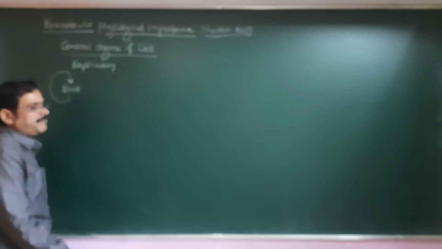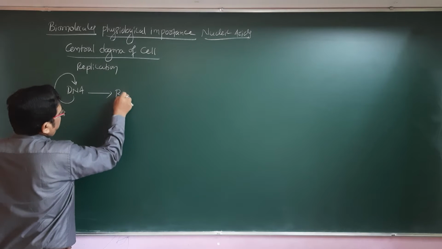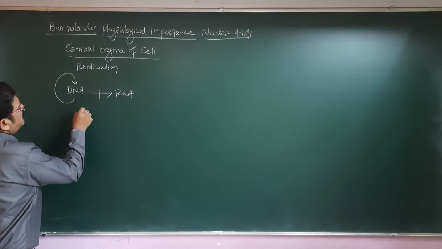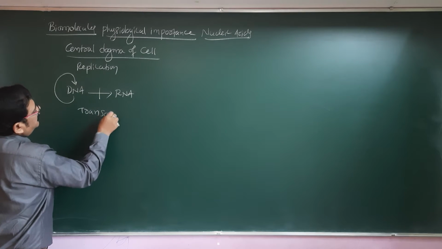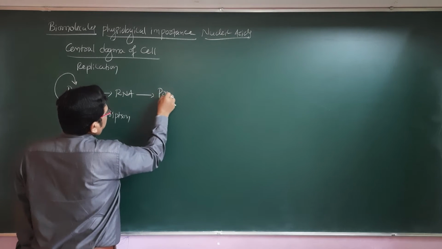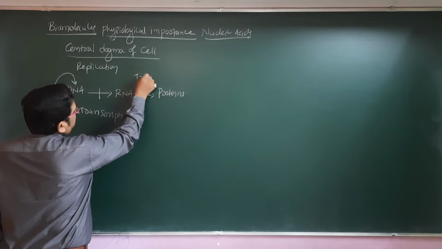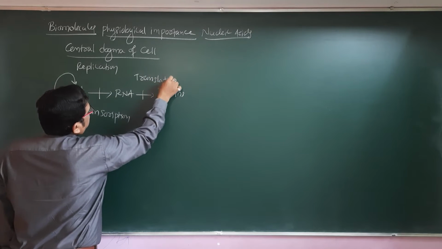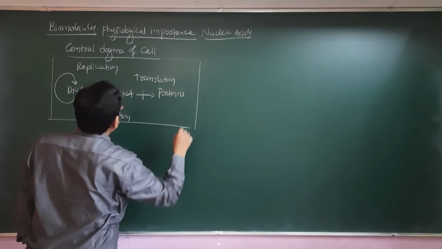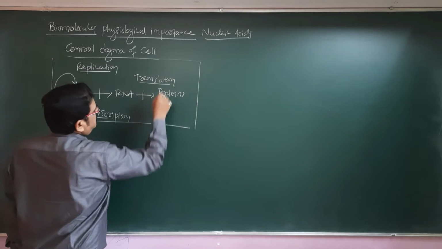DNA forms the RNA, ribonucleic acid. This is called transcription. RNA forms the proteins, which we call translation. So the entire cell depends on these three important reactions: replication, transcription and translation.